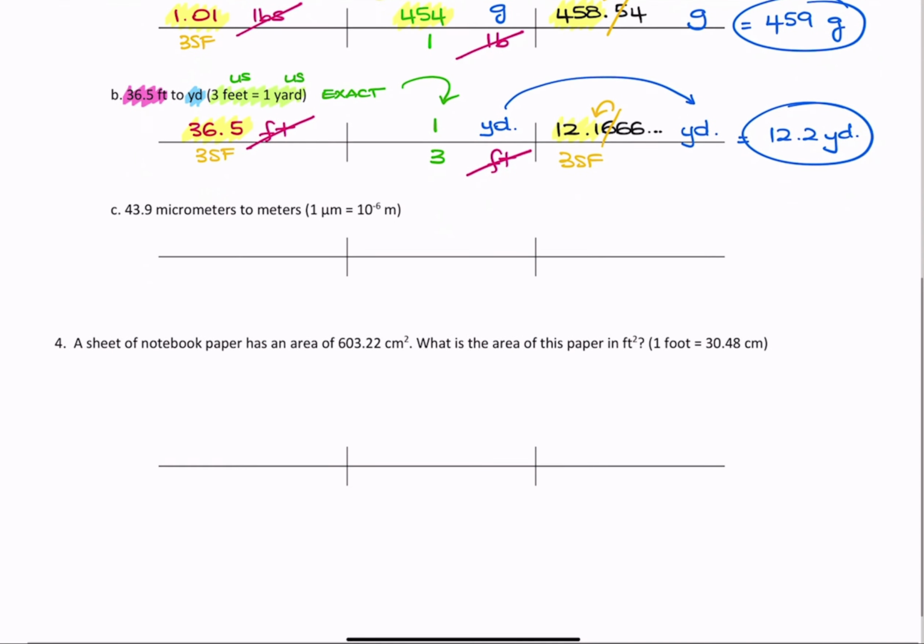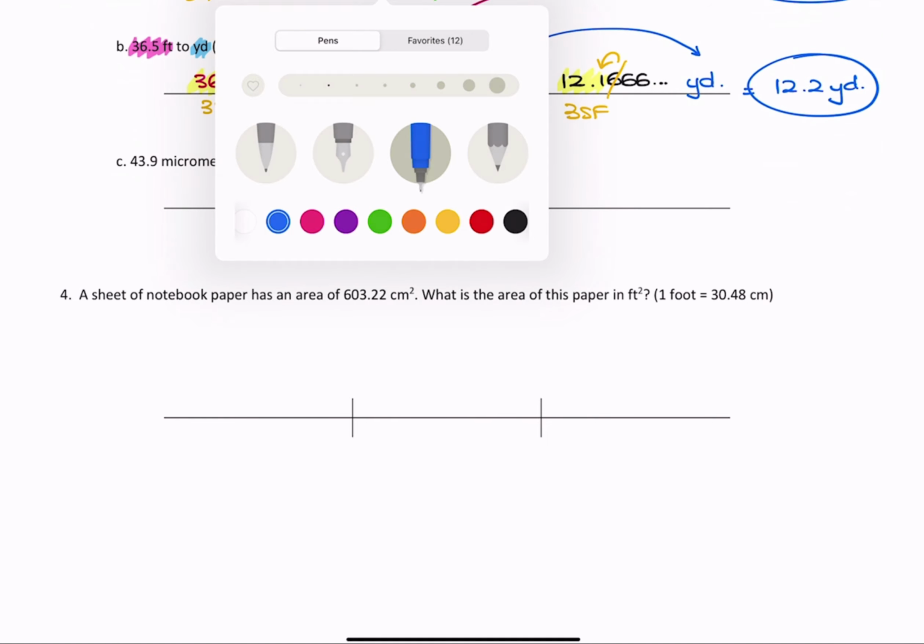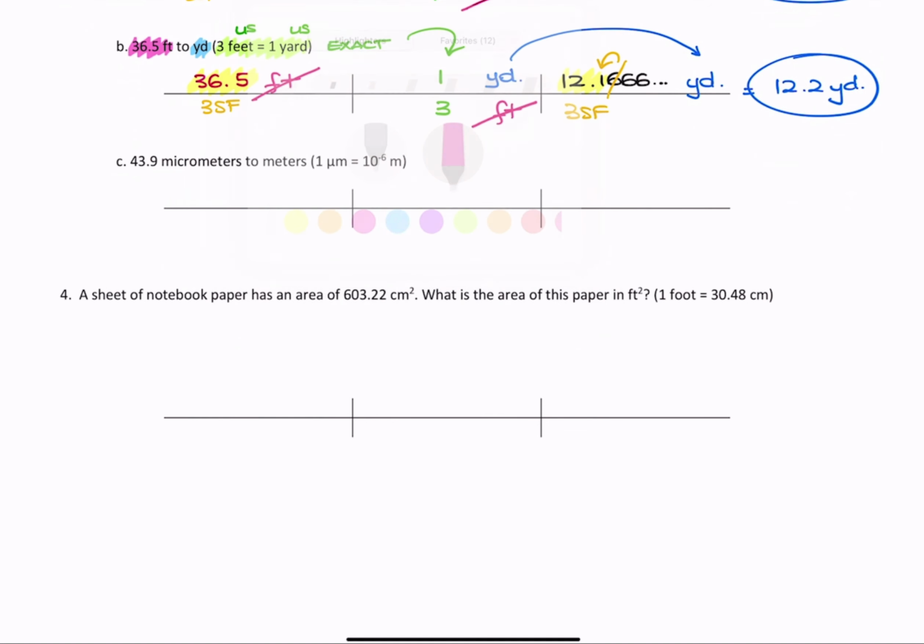Another one here, usually the one that the students struggle the most with because it involves prefixes, converting 43.9 micrometer into meter. So you're given micrometer and you want meter. So yes, you are given here the conversion factor, the relationship. 1 micrometer is 10 to the negative 6 meter, because micro is 10 to the negative 6.